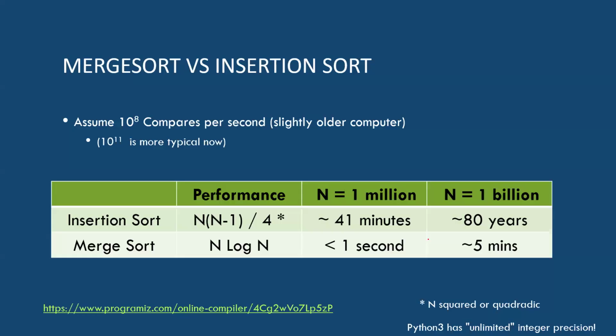How fast is it? Well, if an average computer, or maybe slightly older, can do 10 to the 8th comparisons per second, probably more like 10 to the 11th, but this is based on 10 to the 8th, insertion sort for a million things would take 41 minutes. For a billion things would take 80 years, compared to merge sort, which is 5 minutes. So that is for sure the difference between never and possible.